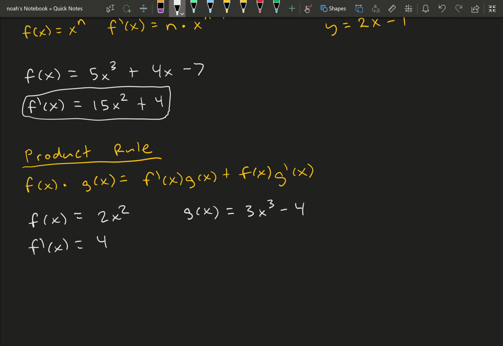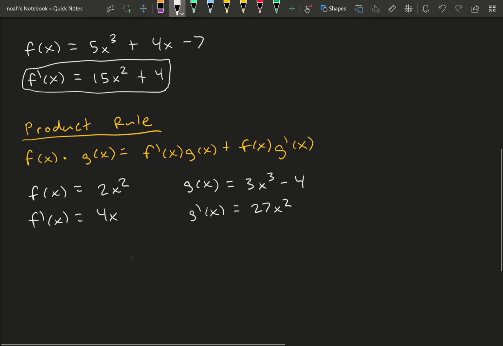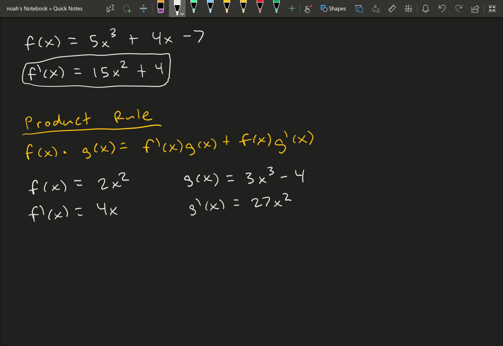So f prime would be 4x, and g prime of x would be 27x squared. And then we just plug it into the formula. So it would be 4x times 3x cubed minus 4 plus 2x squared times 27x squared. And then you can simplify terms.